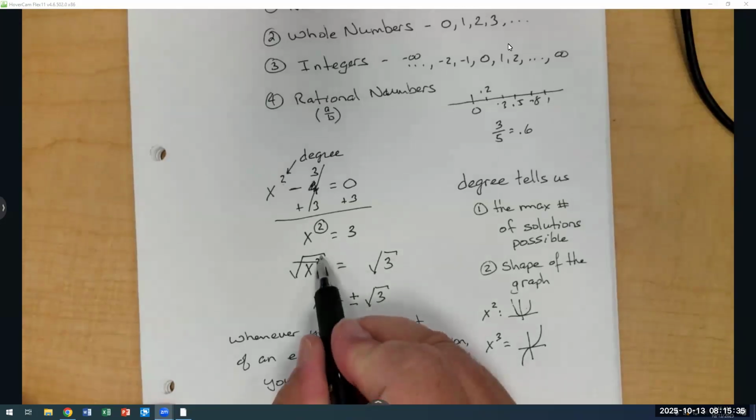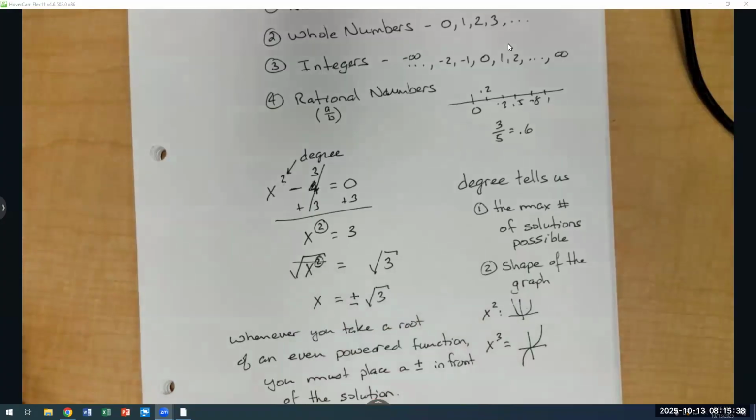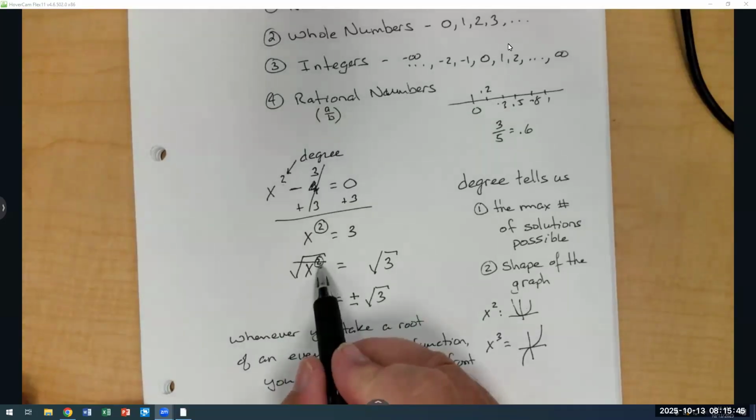So if the degree is even, and again, in this case it's squared, so I took a square root.